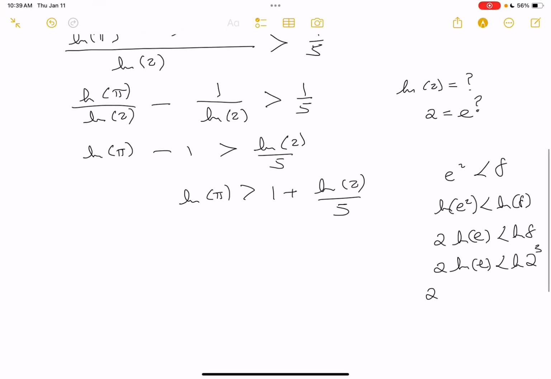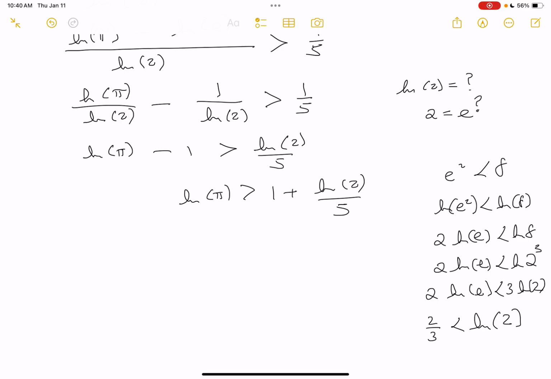So what do you get? 2 ln e less than 3 ln 2. All right? So I'm trying to think that maybe I know something about the natural log of 2. And I can say over here, it would be 2/3. What's the natural log of e? It's 1, right? Let me see if that's true, by the way. If I divide both sides by 3, certainly it's a positive number. Natural log of e is 1.